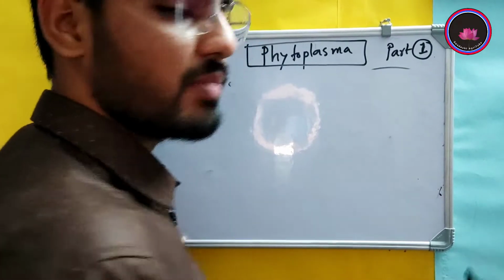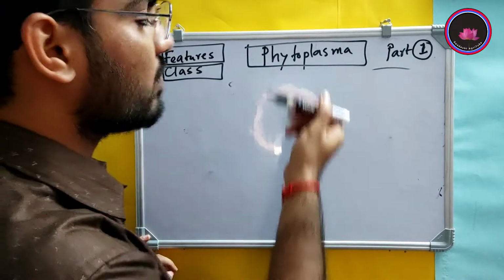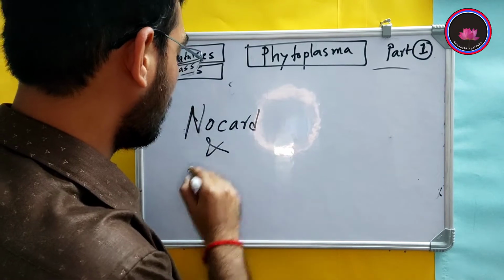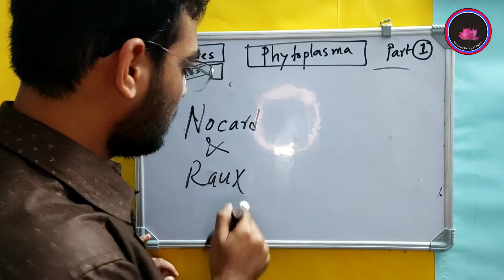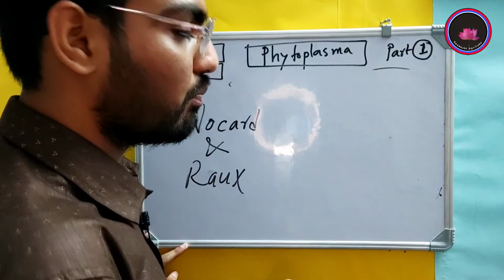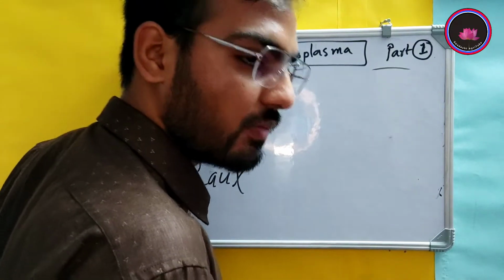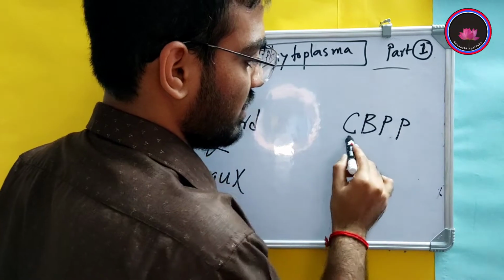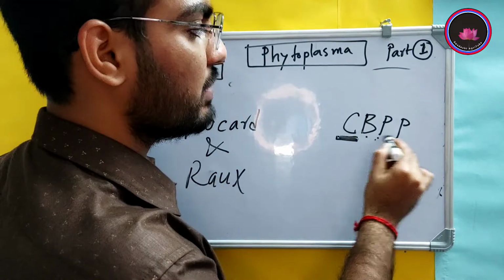This is asked in many exams: who discovered the mycoplasma? Nocard and Roux. They discovered the pleomorphic organism, which was obtained from the causative agent of bovine pleuropneumonia.